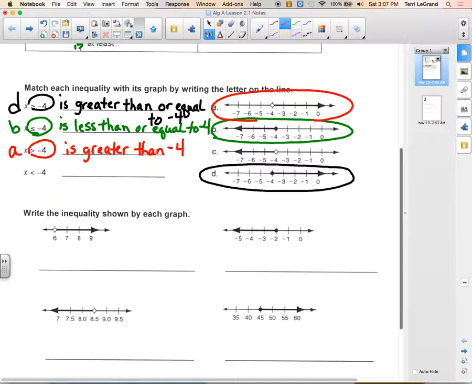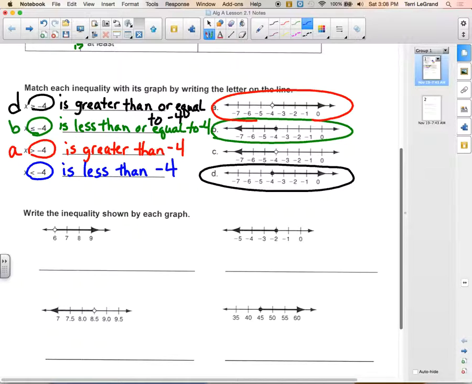Well, by process of elimination, it's looking like the last one's going to be C, but let's verify it. So this says x is less than -4. Whatever you put in for x to make this inequality true, it has to be less than -4.